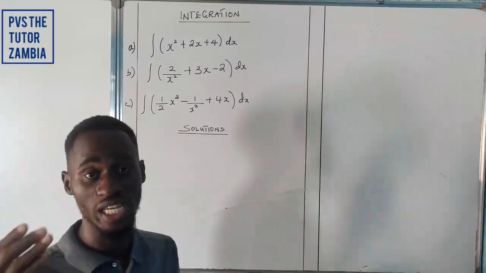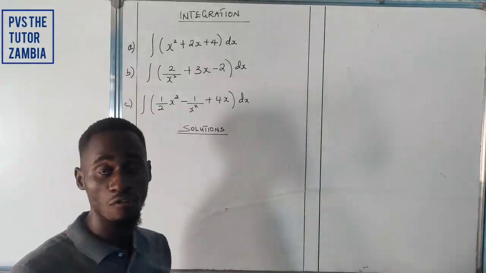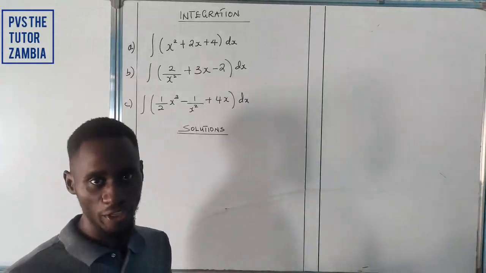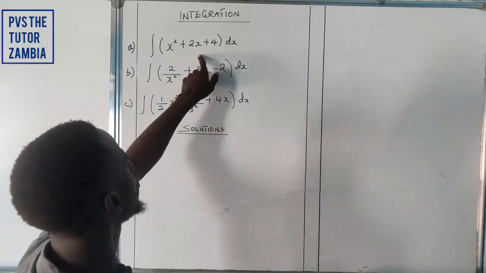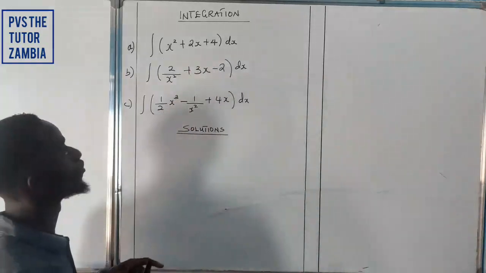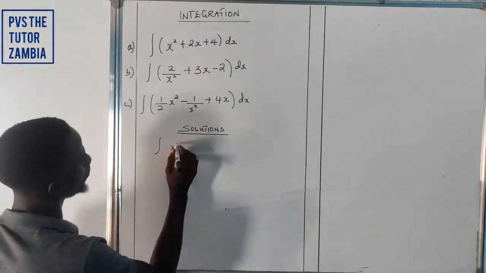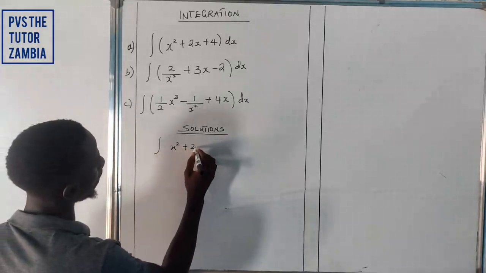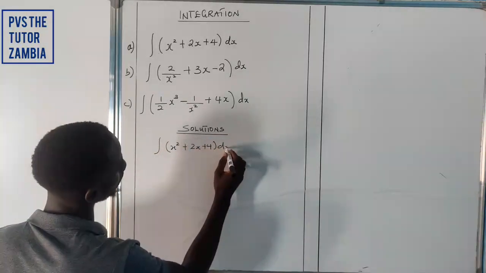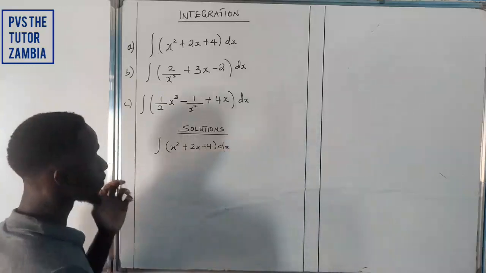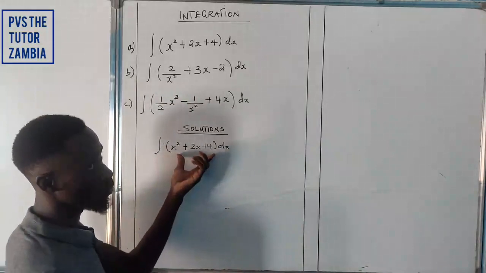Whenever you've been told to integrate, it means they're telling you to increase the power of each part of the function, then you are going to divide by the new power. So in the first function here, where we are finding the integral of x squared plus 2x plus 4 dx, with respect to x, it means we are increasing the power of each factor by 1.